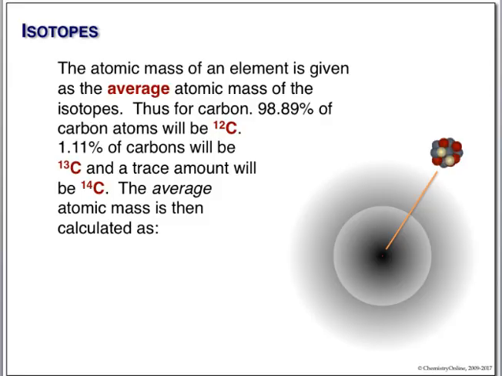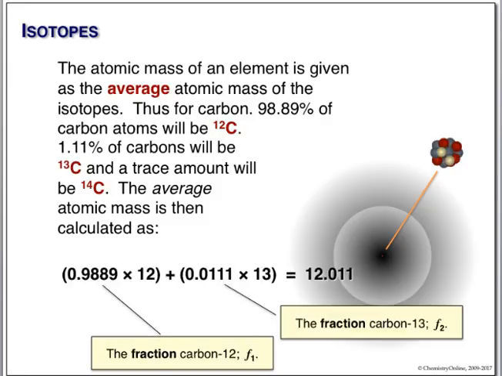To calculate the average mass, we would take the fraction, that's this, divided by 100, here, times 12, that's the mass. The fraction times 13, we'll ignore 14. When you multiply these out and add them up, the average mass of carbon is 12.01.